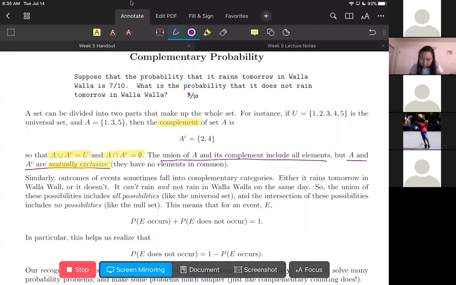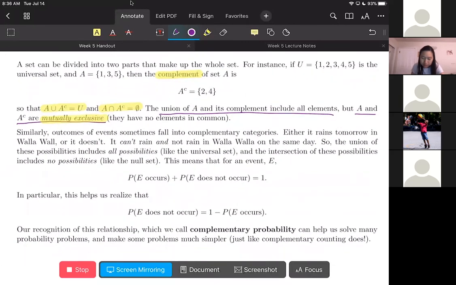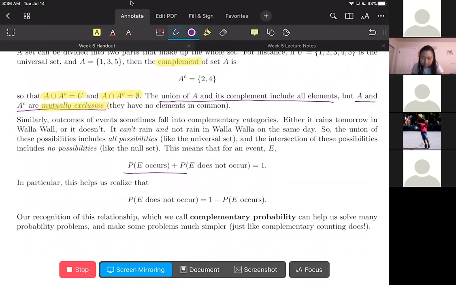And if that's the event, then we can have this realization that if we have these mutually exclusive events, then the probability that the event occurs plus the probability that the event does not occur is 1. The only reason we can say that is because it's mutually exclusive and it includes all the possibilities.